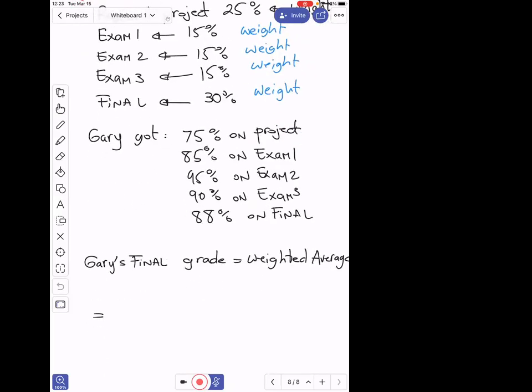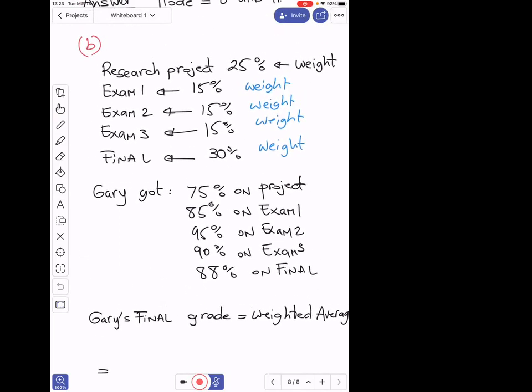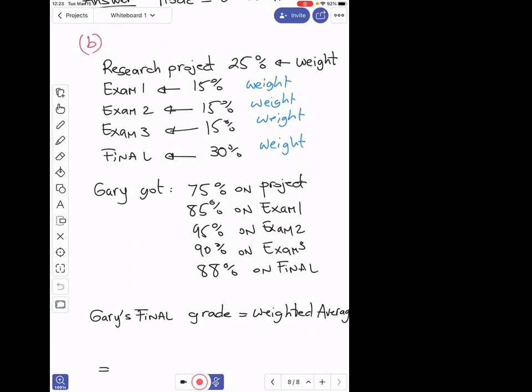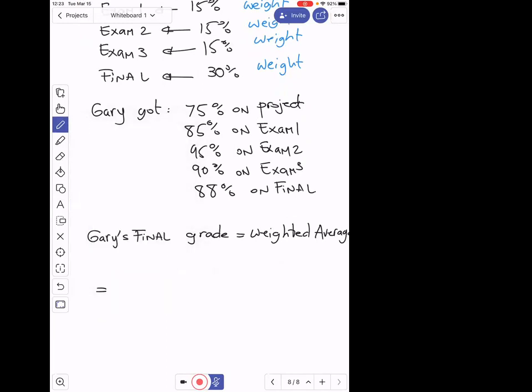For example, Gary got 75% on the project, and the project is worth 25%, so that will be the weight of the project. So we multiply 75% by 25. And then it's a plus, right? It's not a multiplication. Sometimes it's easy to get confused here. You have multiplication, but then it's a plus. Then you move to the first exam.